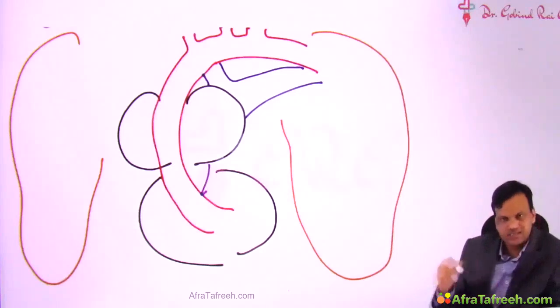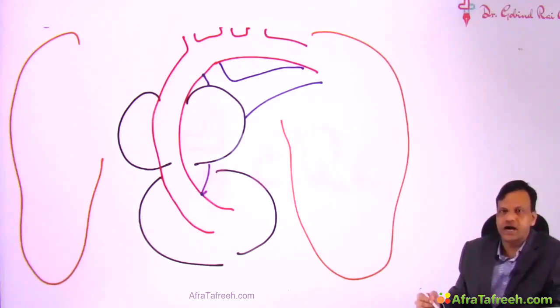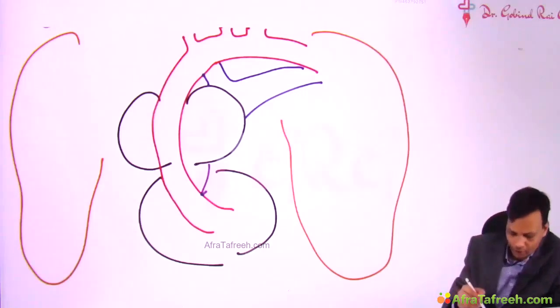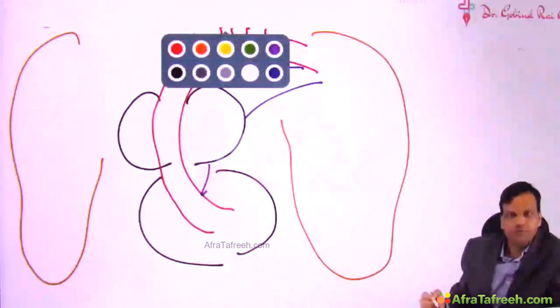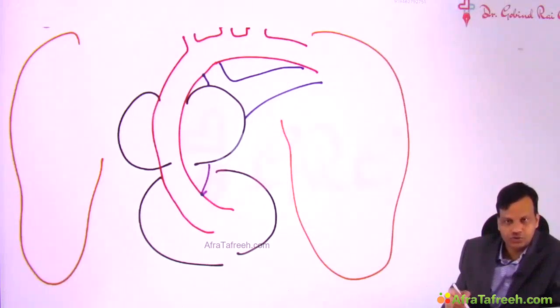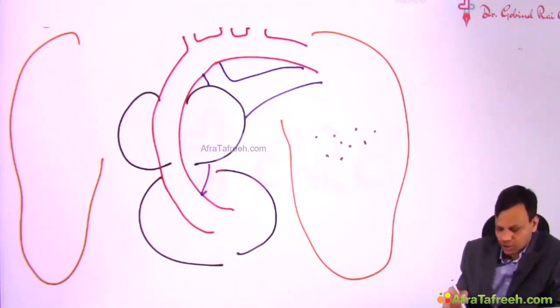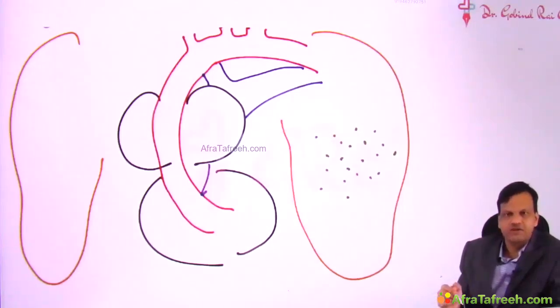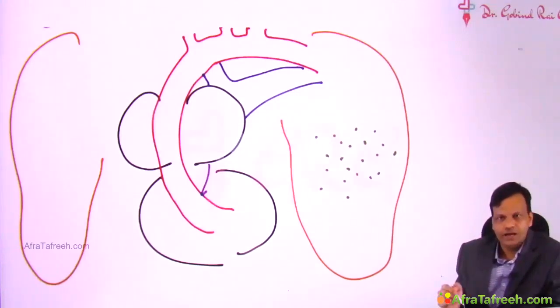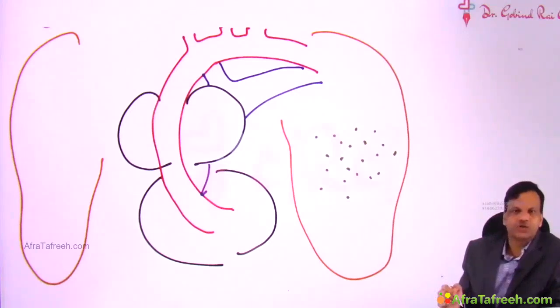Now the circulation is similar before birth and after birth. The only important difference is that before birth the lungs are not mature. When the baby is inside the uterus, the lungs are not matured, so the lungs do not contain air. When the lungs do not contain air, the blood vessels in this area will feel high pressure, and this is the problem in the intrauterine period.